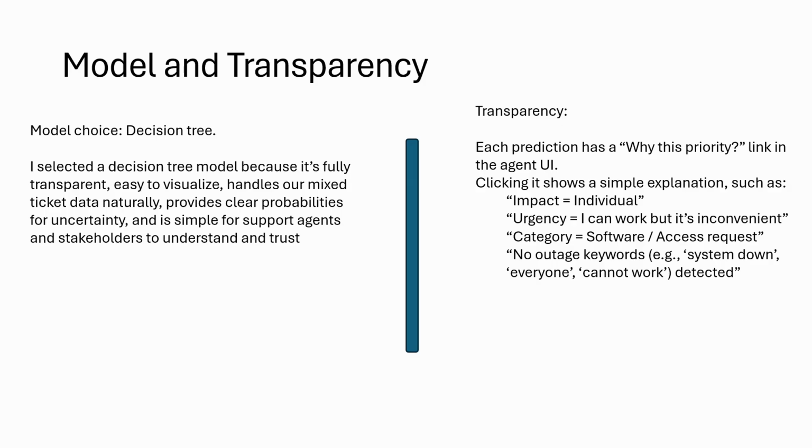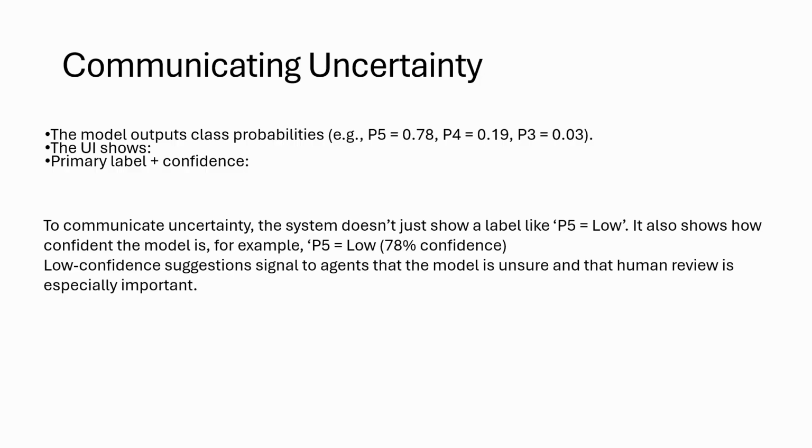This builds trust in the model, which is one of our key things in our design that we want to make sure that we have. On the uncertainty topic, we're taking this into consideration: it displays priority and the model's confidence. And you can see an example of that here, and I actually have an example of it later once I get to the model.